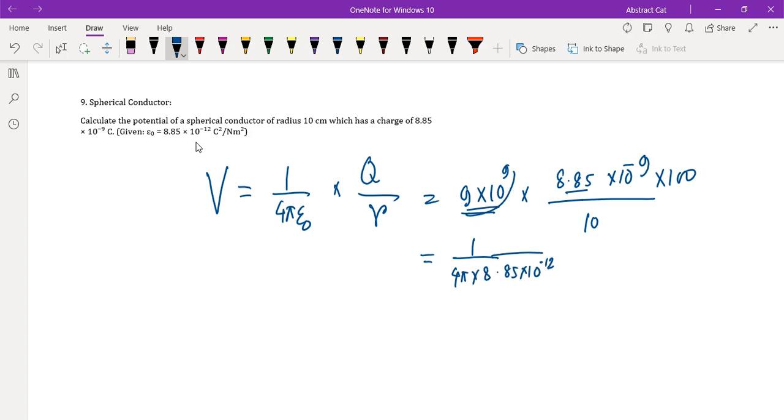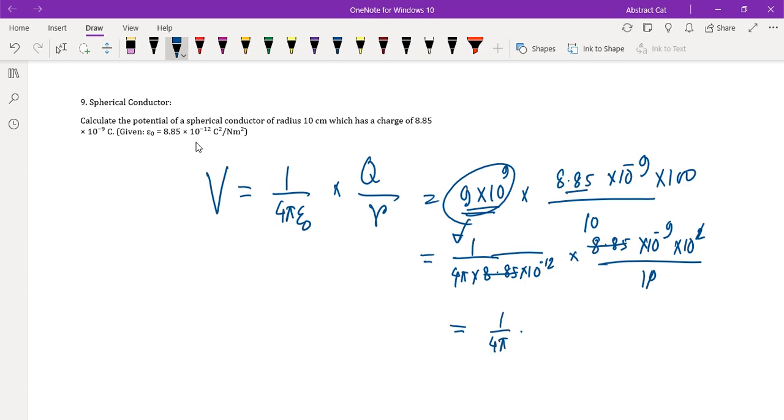If I replace this term, that is 8.85 into 10 to the power minus 9 into 10 square by 10. These terms and these terms cancel, so 1 by 4 pi.